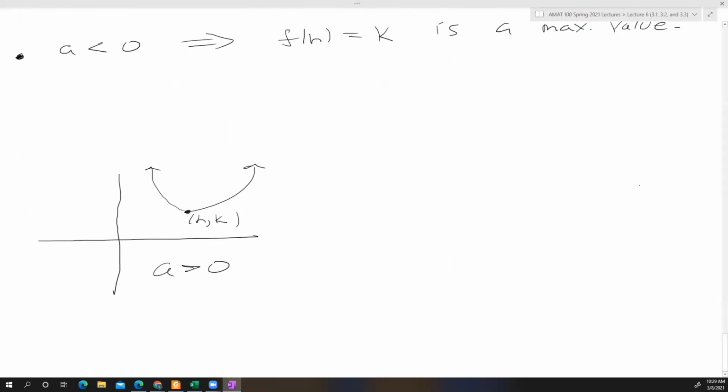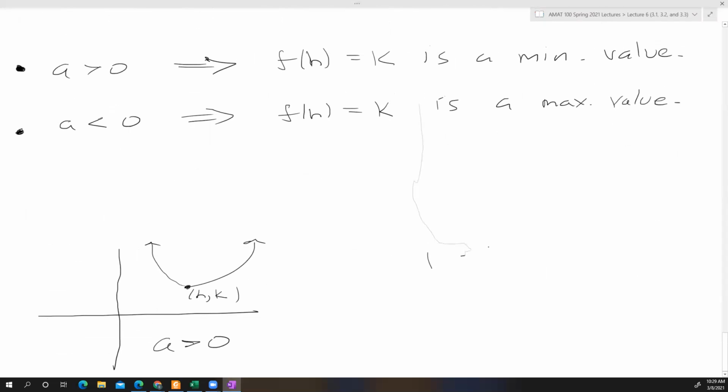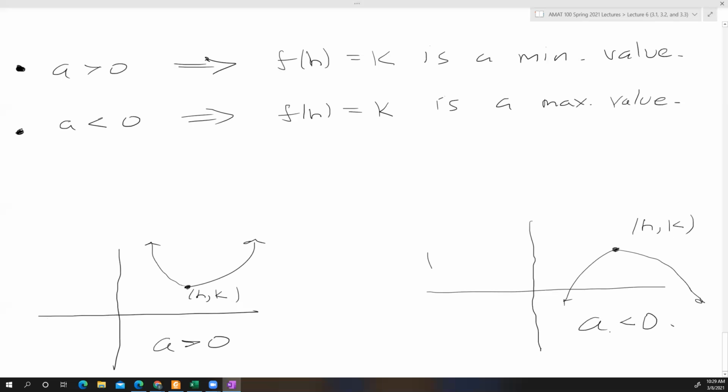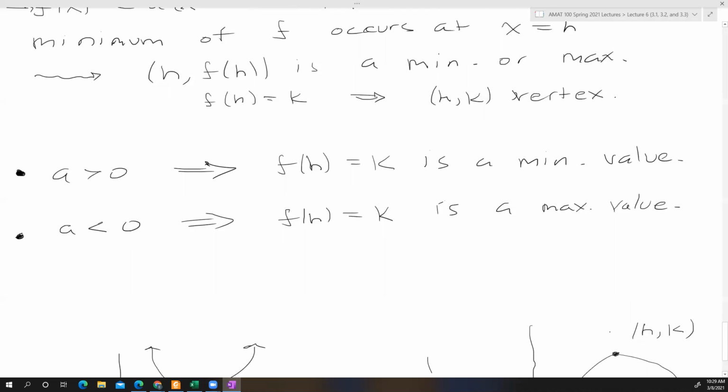So right here is h, k, the vertex, and this corresponds to a less than 0.